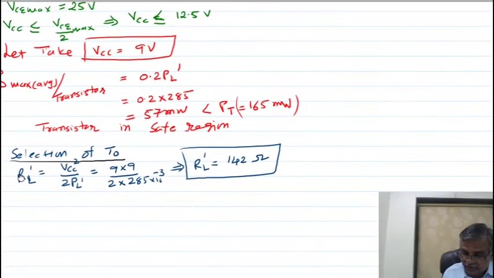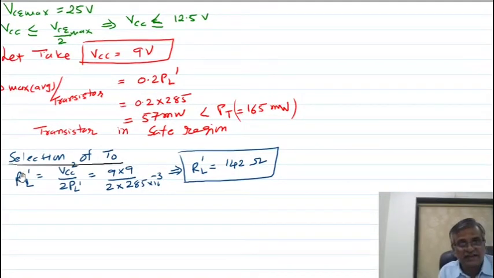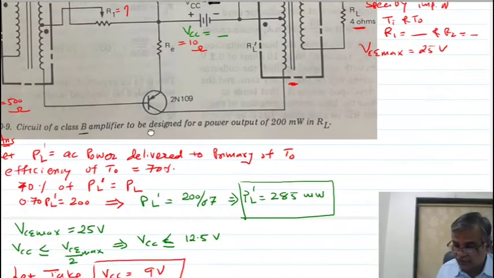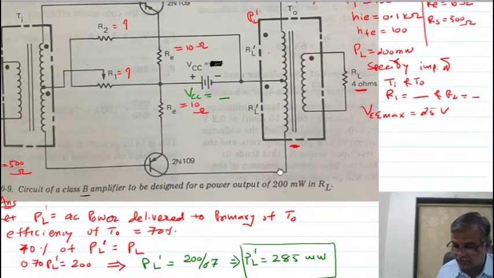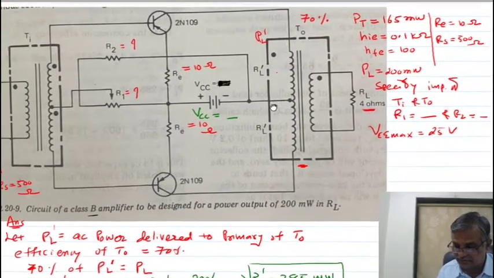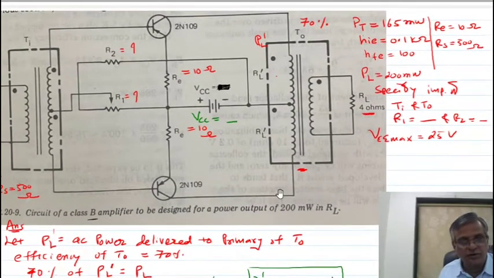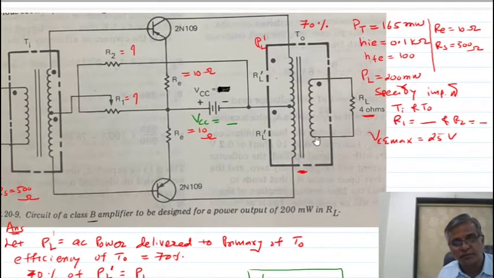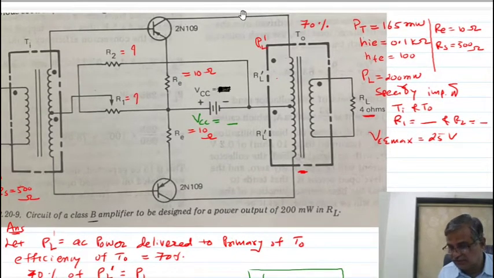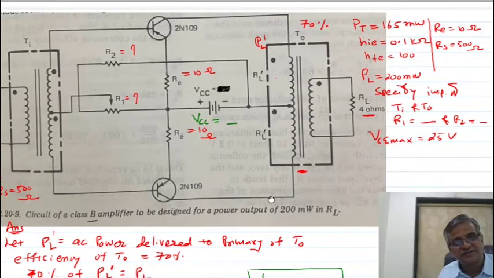Let us talk about the primary impedance of the output transformer. The impedance of the primary of the output transformer depends upon the resistance between the two collectors of the transistors.